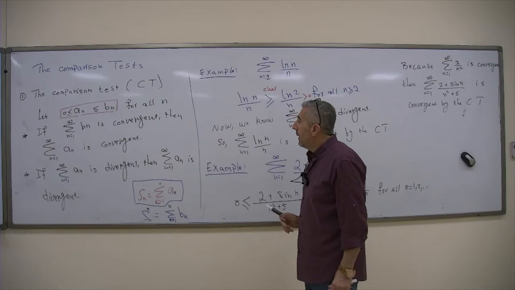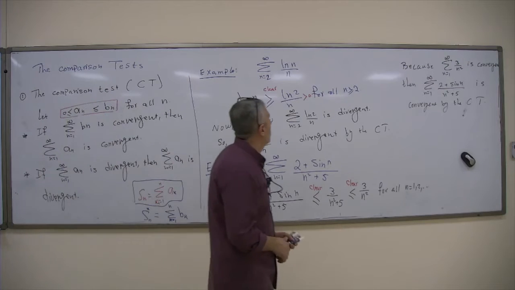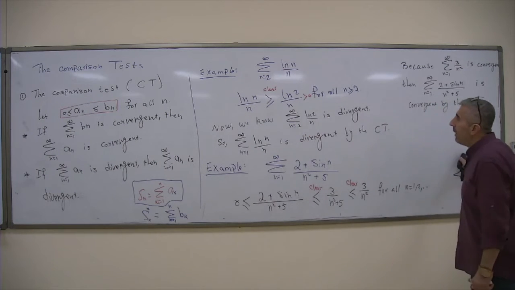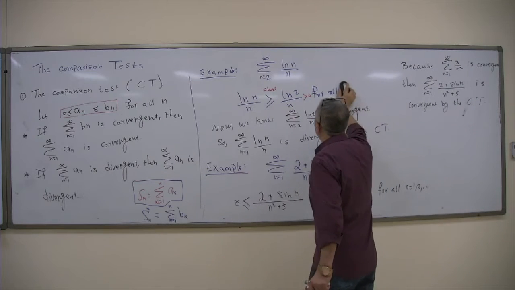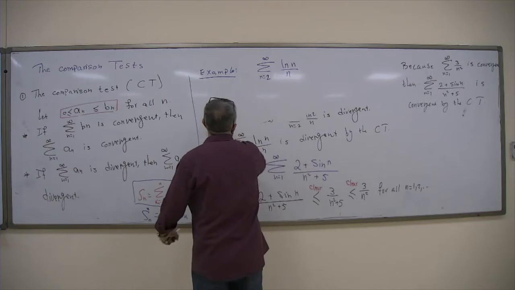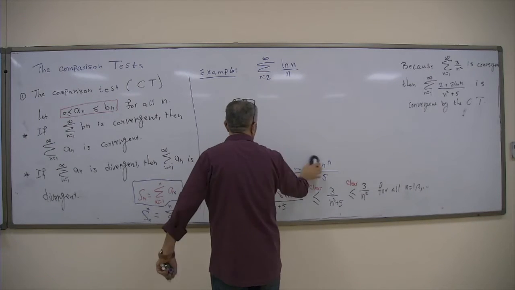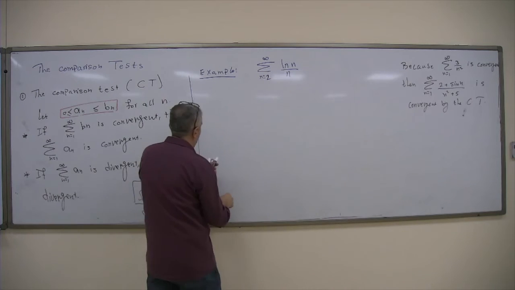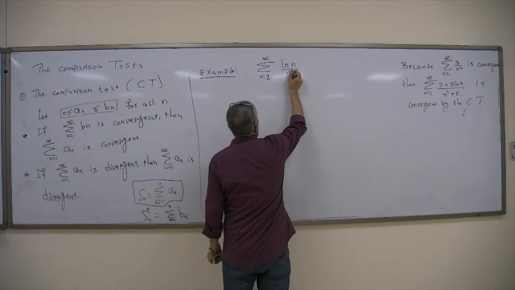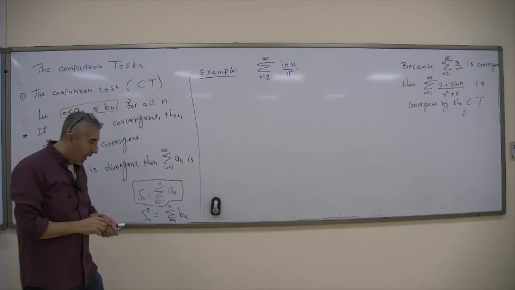All right, let me give you more sophisticated examples about this. I'm going back to this example, and I'm going to change it and make it sine n squared here. Let's see, is it getting hard or is it still easy?